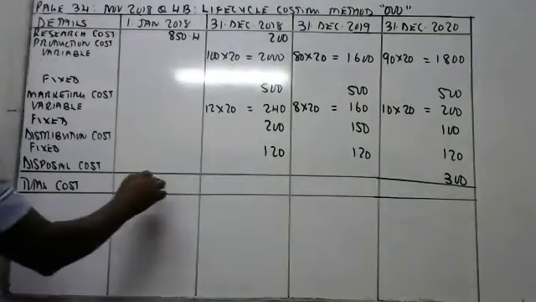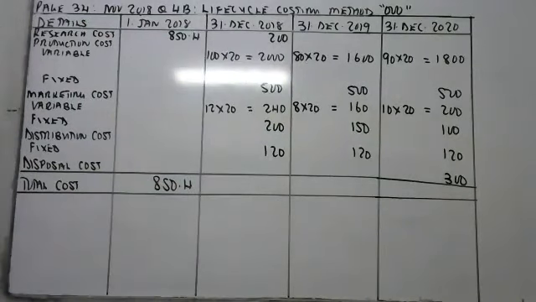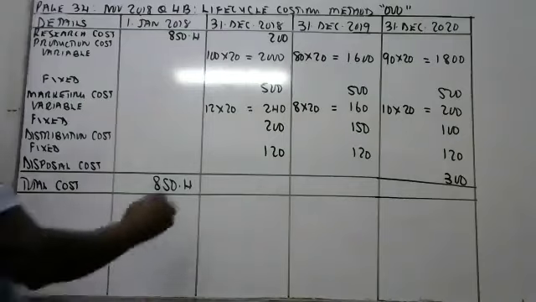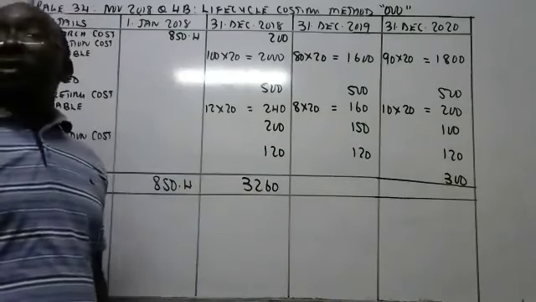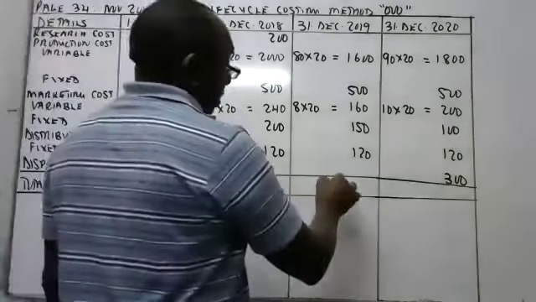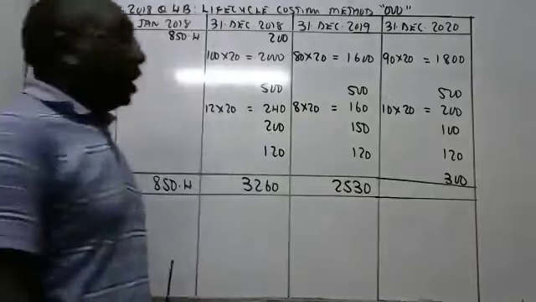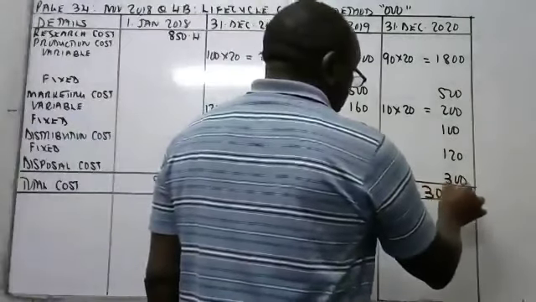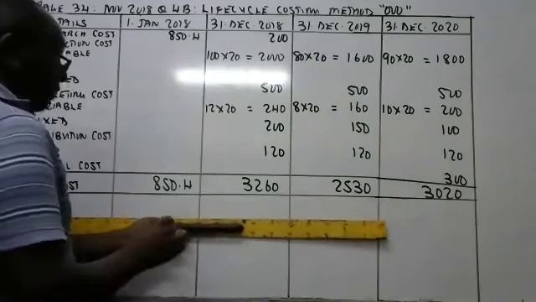The first one is 850.4. The second one is 260. Next, 25, 30, then 20. PVIF factor.